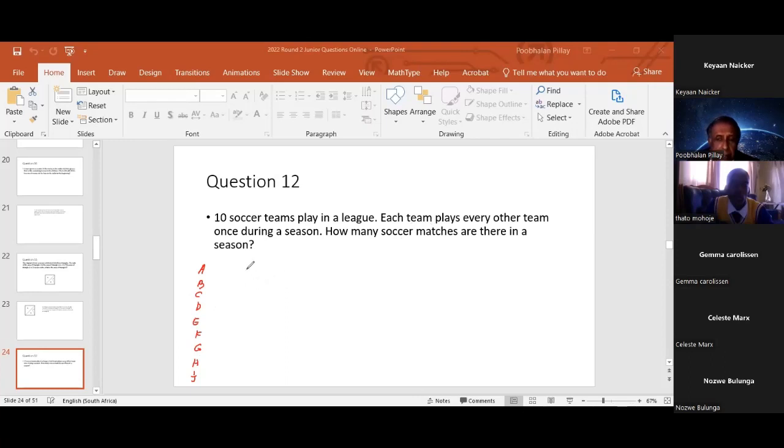For instance, A will play B. It'll also play C. A will play D, E, F, G, H, I, and J. And here there are only 9. So when A plays all these, there are 9 such games.